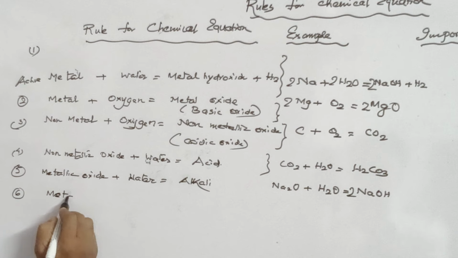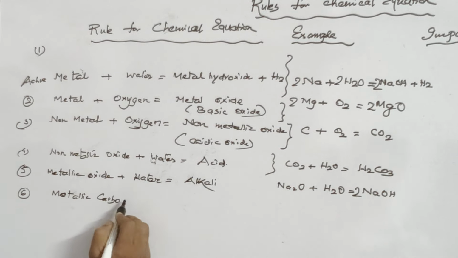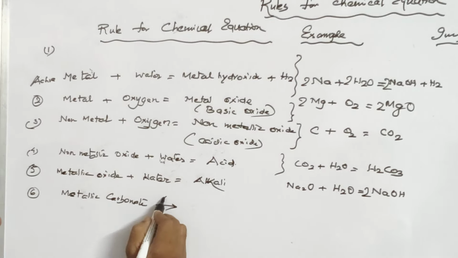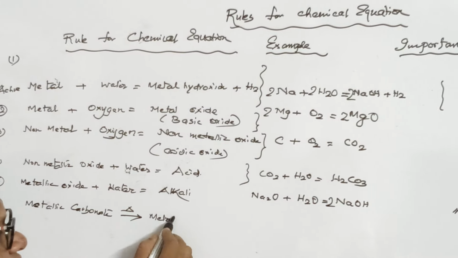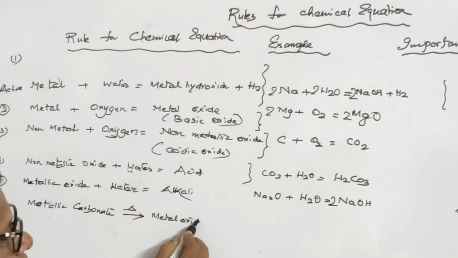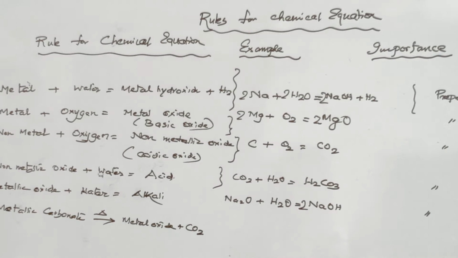Now sixth, what happens when a metallic carbonate is heated, okay. We get a metal oxide plus carbon dioxide gas, okay.